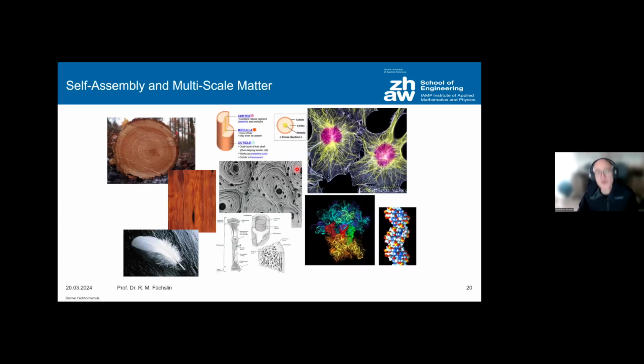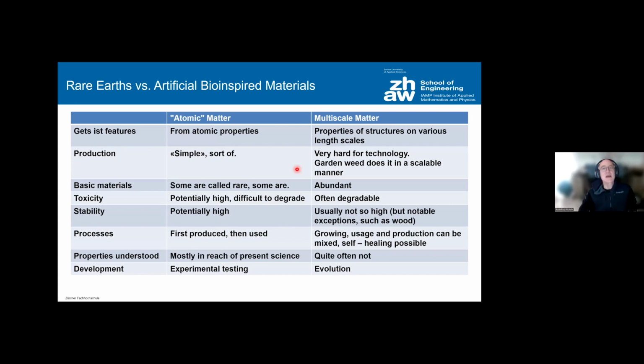But of course, we are not only interested in the origin of life. As a matter of fact, I think one of the goals that we have in technology is to achieve production technology for what I would like to call multi-scale matter. Most matter that we have today in technology is built up from molecules or atoms and has no real hierarchical structure, whereas most lifelike matter has a hierarchical structure.